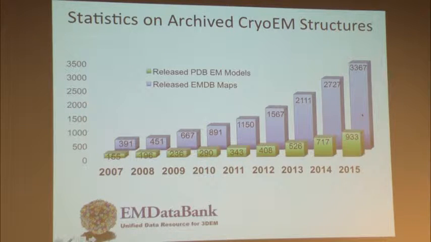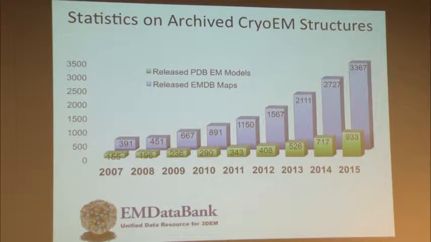Right now we have more than 3,000 structures deposited in the electron microscopy database, and less than a third of them have associated models, or coordinates, deposited in the PDB.